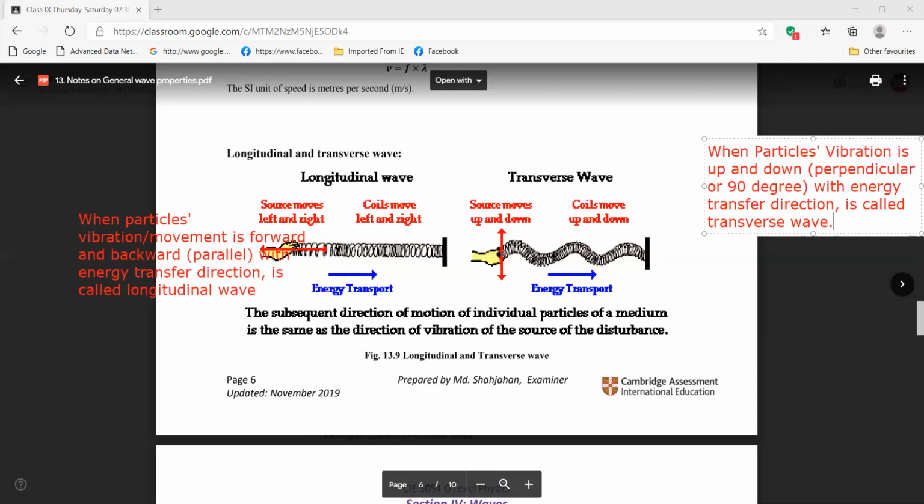When particles vibration is up and down, perpendicular or 90 degree with energy transfer direction is called transverse wave.